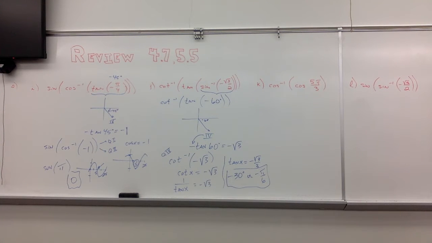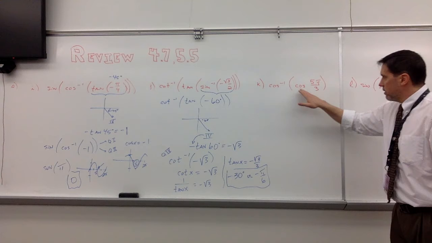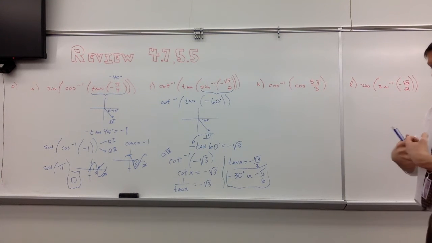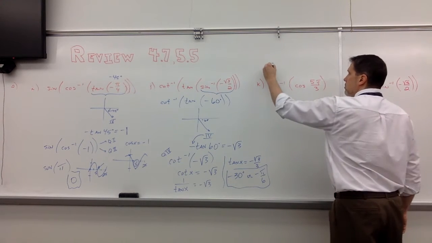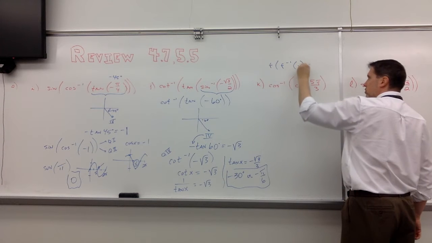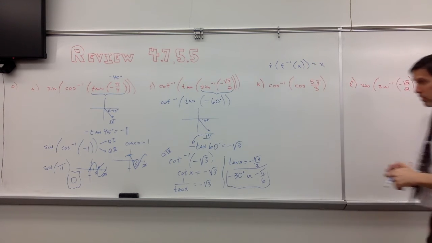All right, letter K. Now something that I'd like to say about these: when you talk about a function composed with its inverse, we said something a long time ago. f of f inverse of x is equal to x.